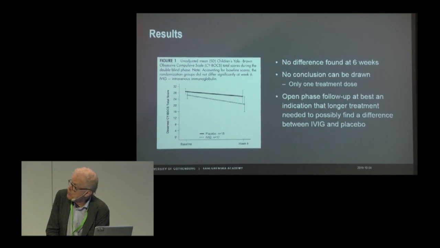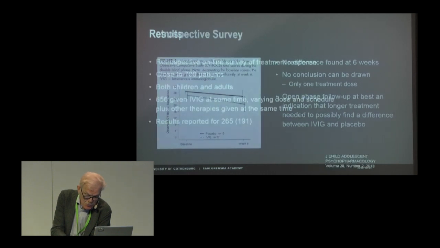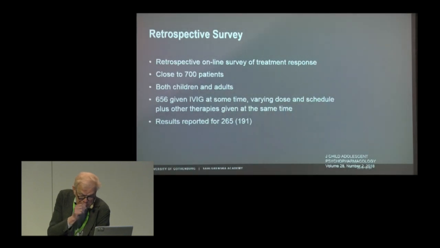This was followed also by an editorial in the journal saying, now we know that immunoglobulins does not work. And this is a quite firm statement, because we still use immunoglobulins.